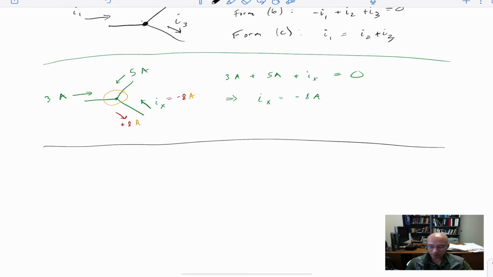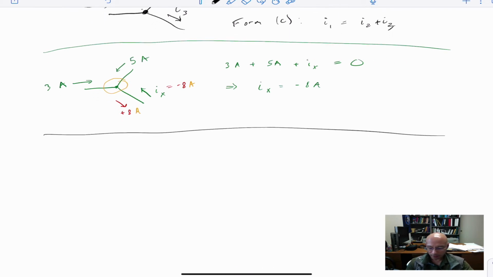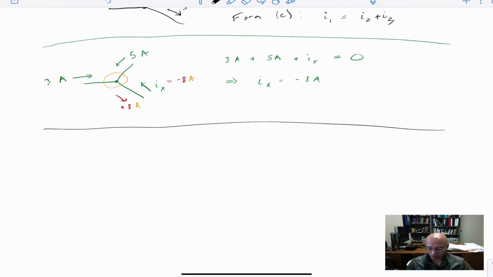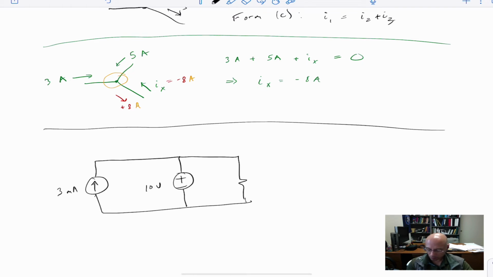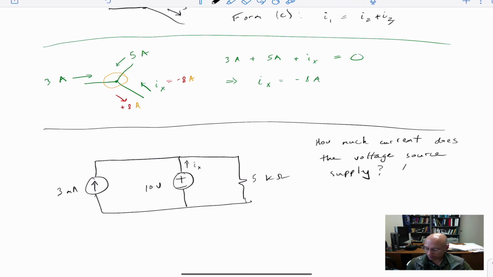Now let's consider a circuit example where we can learn from Kirchhoff's current law. Now we can ask ourselves, how much current does the voltage source supply? Specifically, Ix is equal to what now?